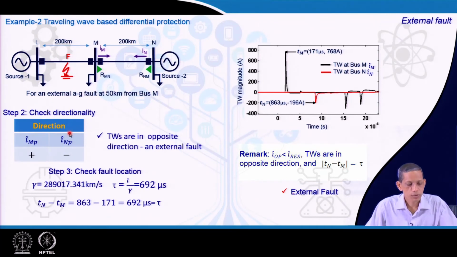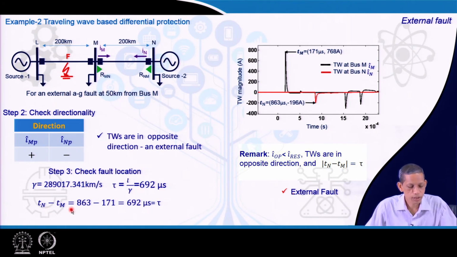The other checks are to confirm the external fault case. We see the polarities, positive and negative, and that the directions are of opposite sign. So, that means this is external, and the subsequent check is for the distance calculation, gamma given, and tau equals L by gamma, which is 692 microseconds for this case.